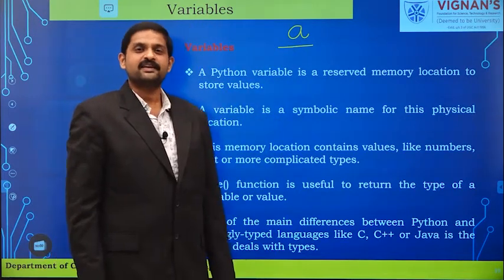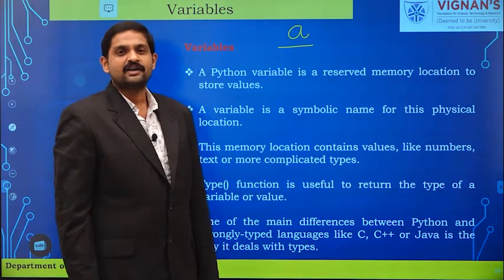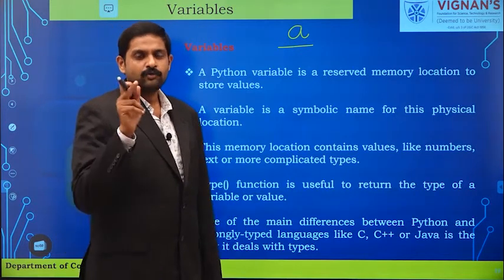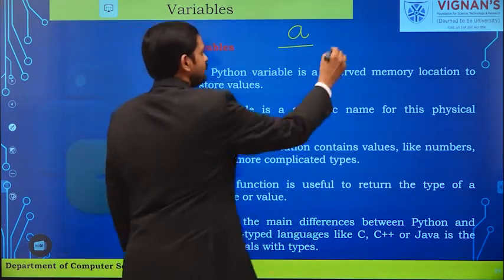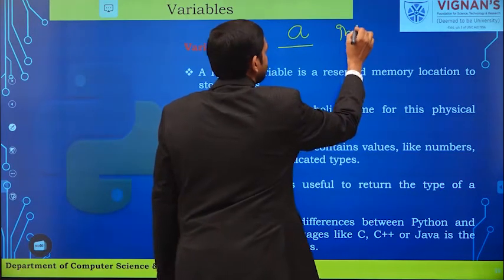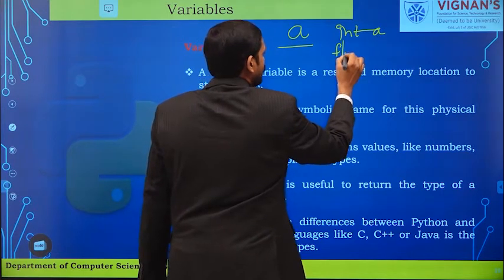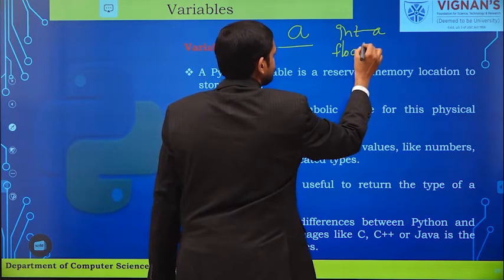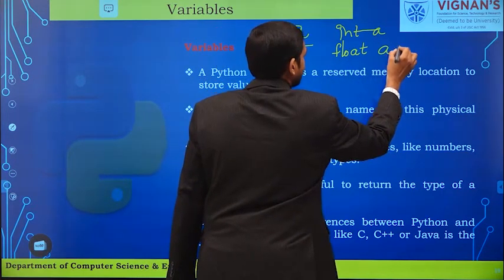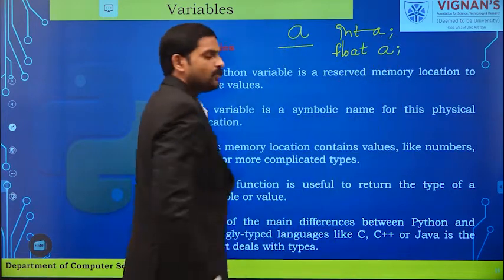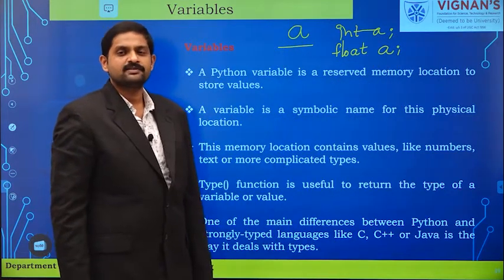But in C, C++ or Java, how should you declare the variable? int a or float a. What is the meaning of those two statements?